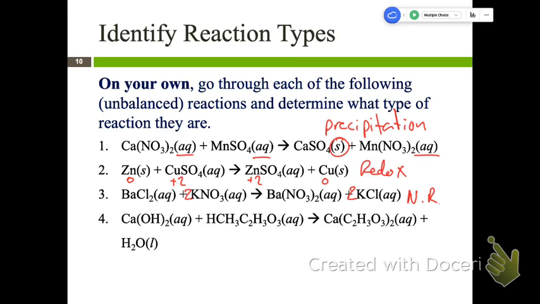No reaction means that we have 4 ions: barium 2+, chloride, potassium, and nitrate. When all 4 of those ions are floating around freely in water, when they bump into each other, they're not attractive enough to push out the water, and they keep going as individual ions. So really, on the right side, we just write this out to check: is this soluble, is this soluble? If all 4 pairings are soluble, no reaction. Nothing happens. We just have a whole bunch of ions floating around.